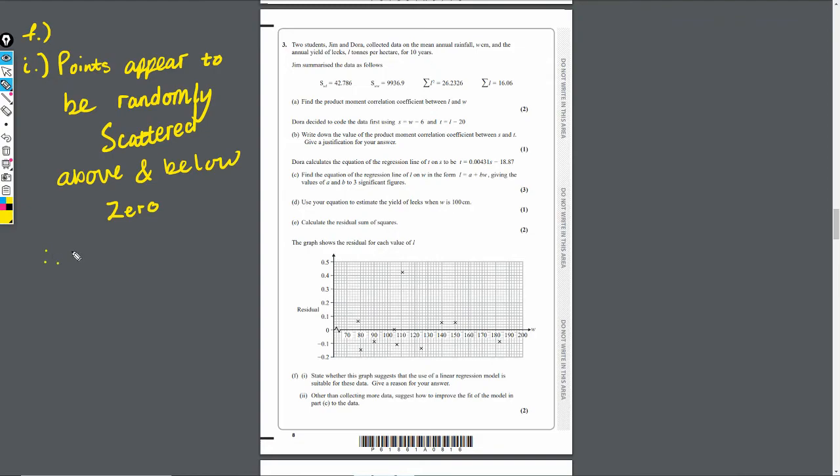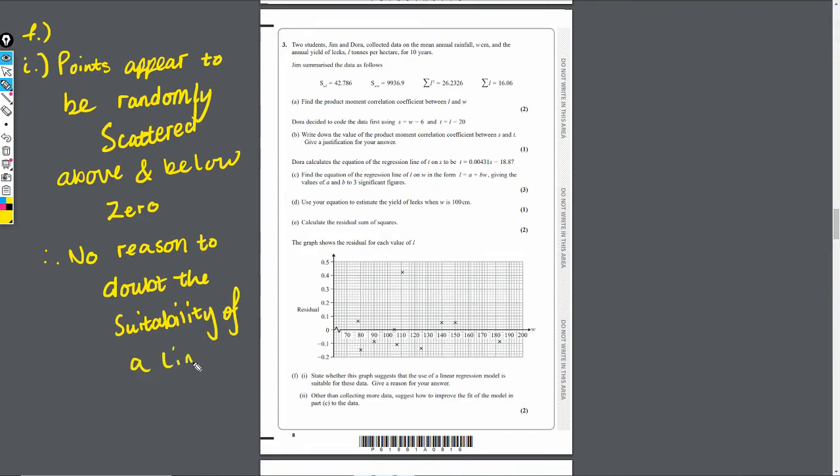So therefore, no reason to doubt the suitability of a linear model in this case. Okay, so that's just 1 mark, but it's the last part of the question, just a little bit of finer detail. Okay, so because they're randomly scattered above and below 0, we've got no reason to doubt it.